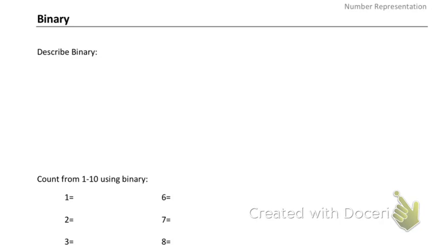So that means if he just turns it around, right now this is just 0, 0, 0, 0, 1, which equals 1. So it turns out in binary, 1 actually equals 1.